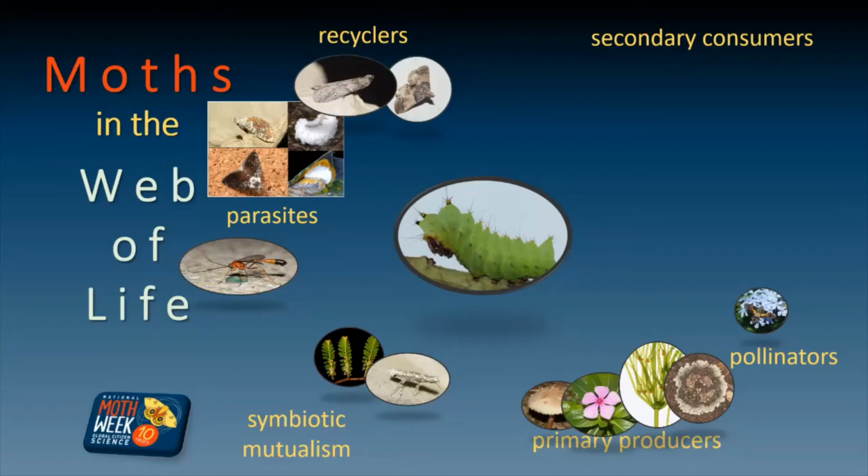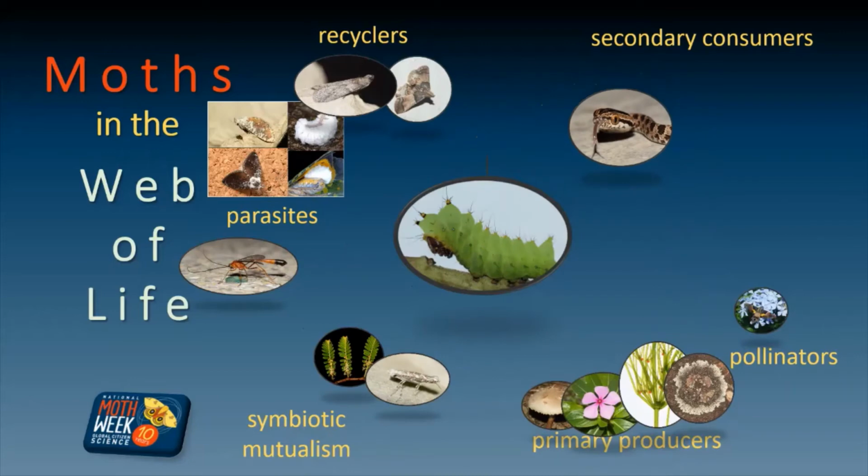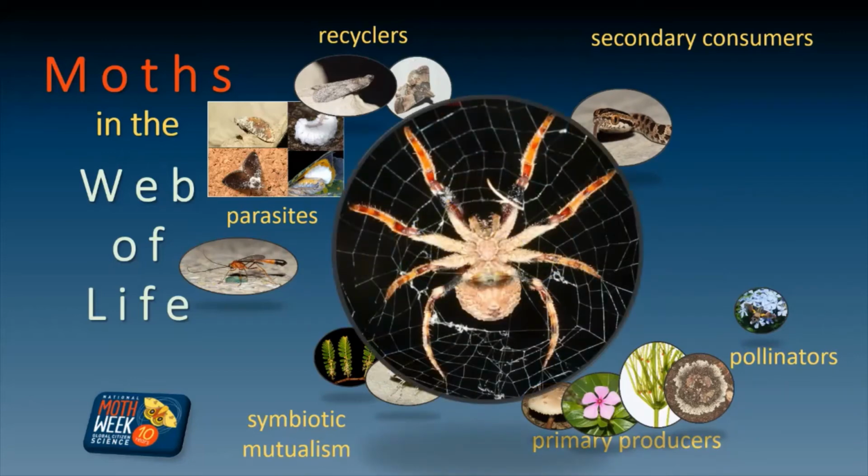So without the moths, no birds. But there are many other secondary and tertiary consumers that rely on the moths too. A good number of snake species use Lepidoptera larvae and pupae as food, as do spiders. In fact, spiders are incredibly important at keeping population levels manageable so that we don't get overwhelmed with lots of moths.